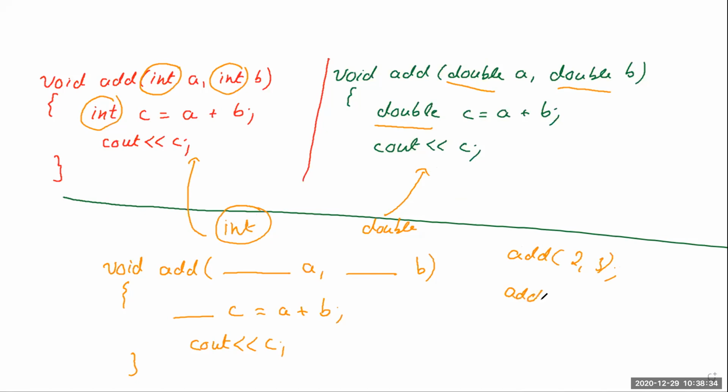And when I call this function with two real numbers, I want this blank to be replaced by a double. So we will only write this function once, and when we are calling it, we can generate two versions of this function, one adding two integers and the other adding two floats. Let me tell you how to do that.